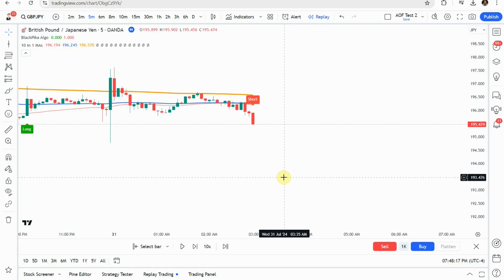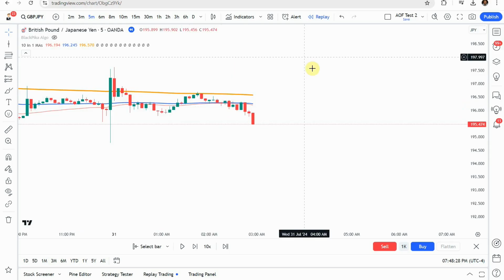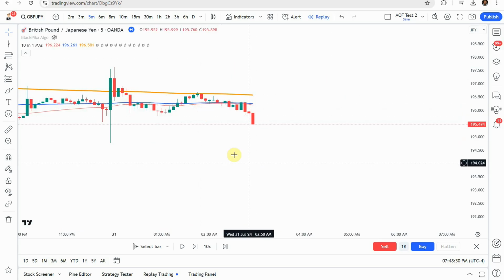And for a short trade, what we are looking for is the moving averages to stack up in the bearish setup this time. And so you can see here that we have the setup basically the reverse of the bullish, and so basically the moving averages are flipped on their head. We have the 200 period on top, the 100 in the middle, and the 50 on bottom.